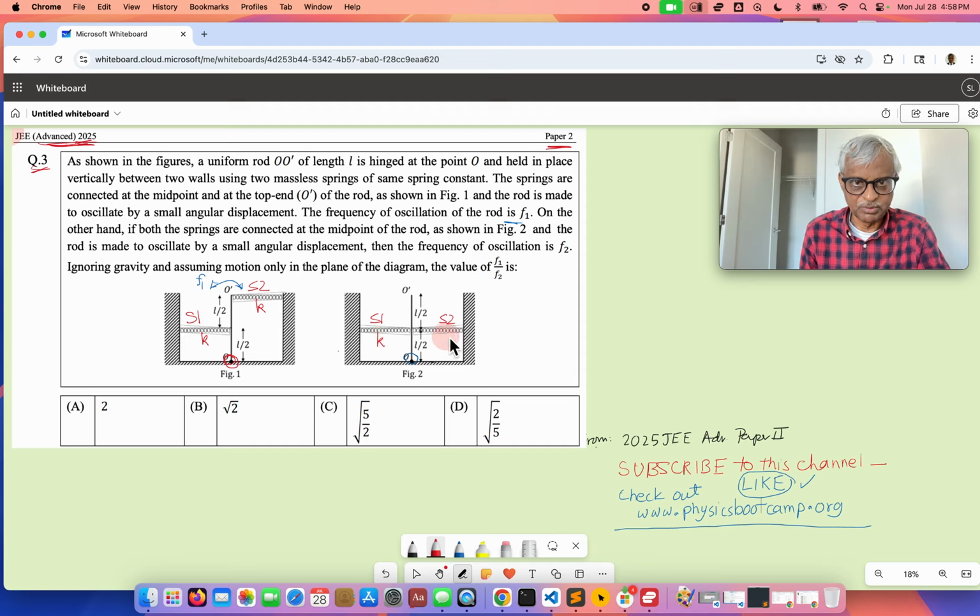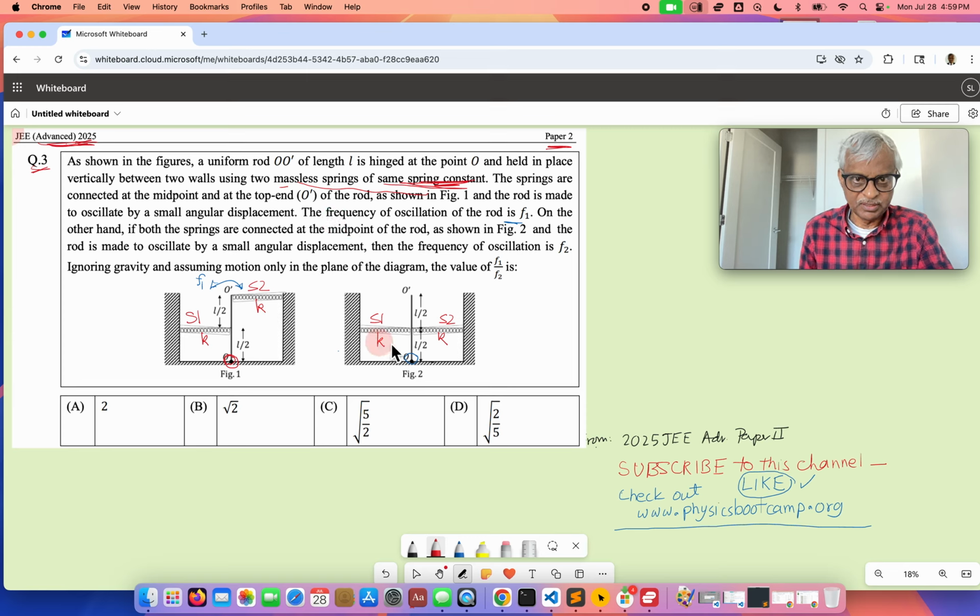So we're going to use just the symbol K for both of the spring constants. They don't have to be, but here they're identical. Two massless springs of the same spring constant. So that's a very important part of the question.